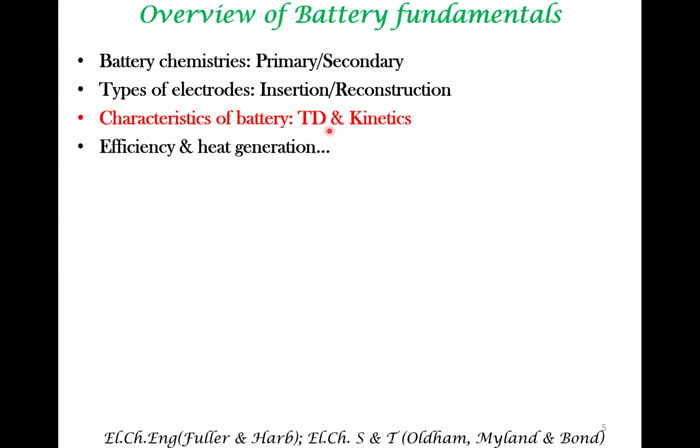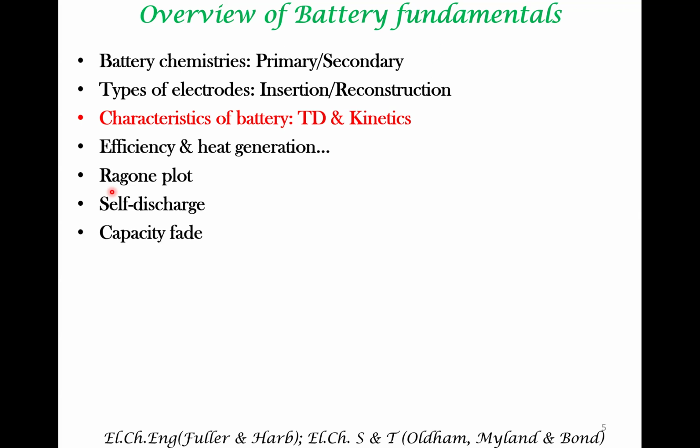Then we also looked at other features that are of importance: efficiency of batteries, heat generation in batteries. And we looked at a variety of electrochemical energy conversion and storage devices under the Ragone plot. We also addressed features of self-discharge, the different mechanisms that are attributed to self-discharge.